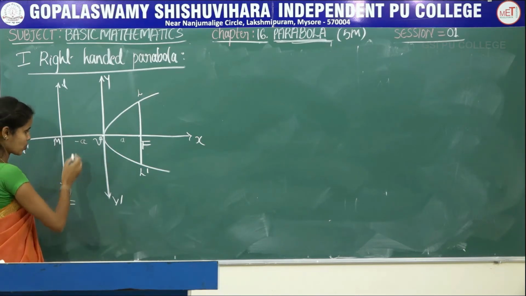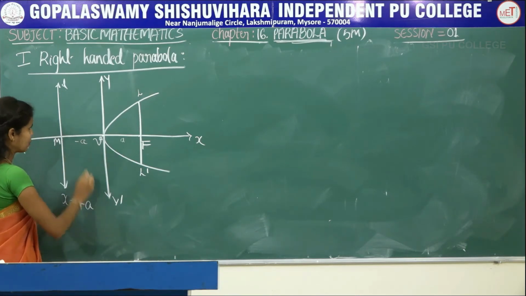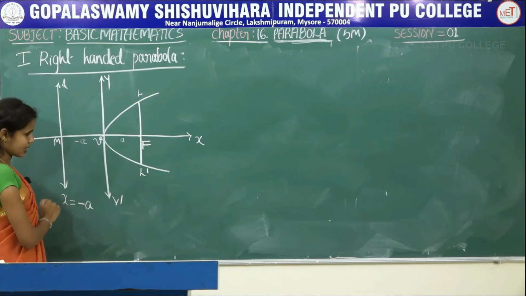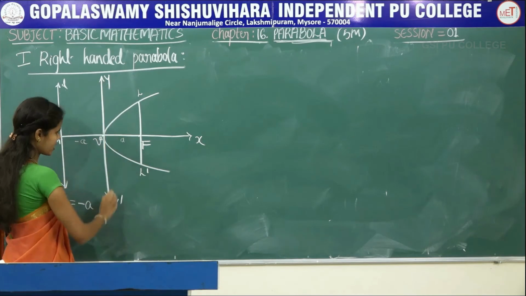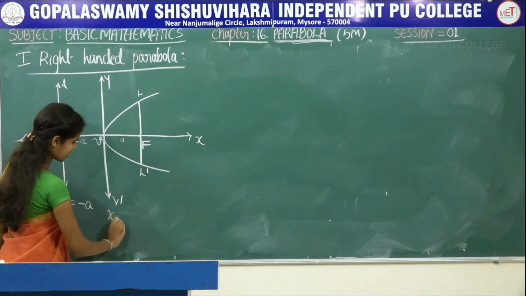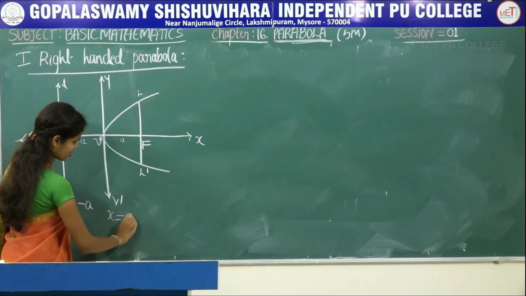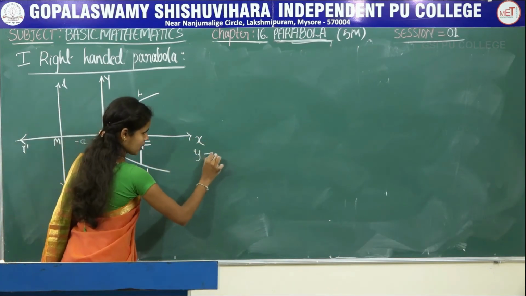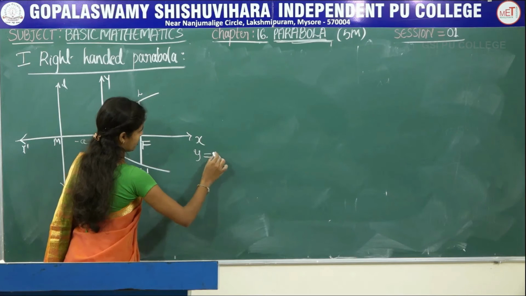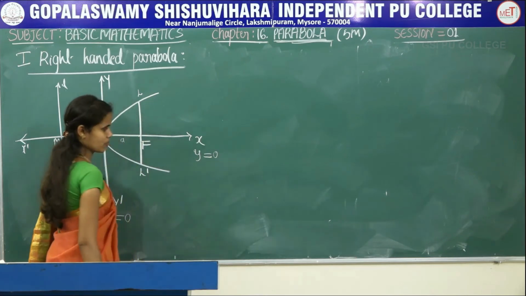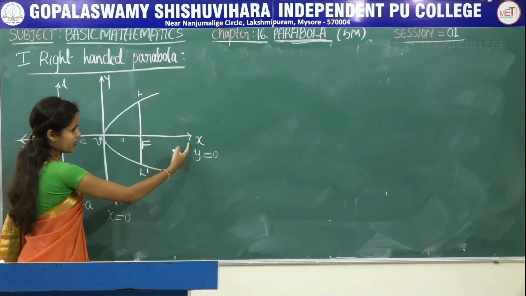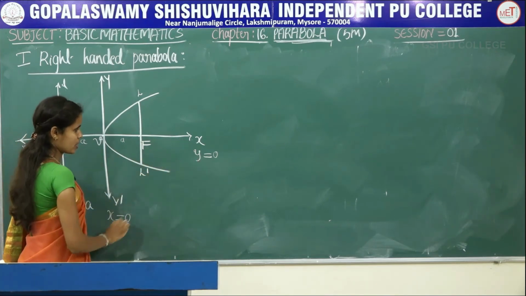This constant distance is equal to minus A. Therefore the equation of the directrix is x is equal to minus A. The equation of the y-axis is x is equal to 0. The equation of the x-axis is y is equal to 0.